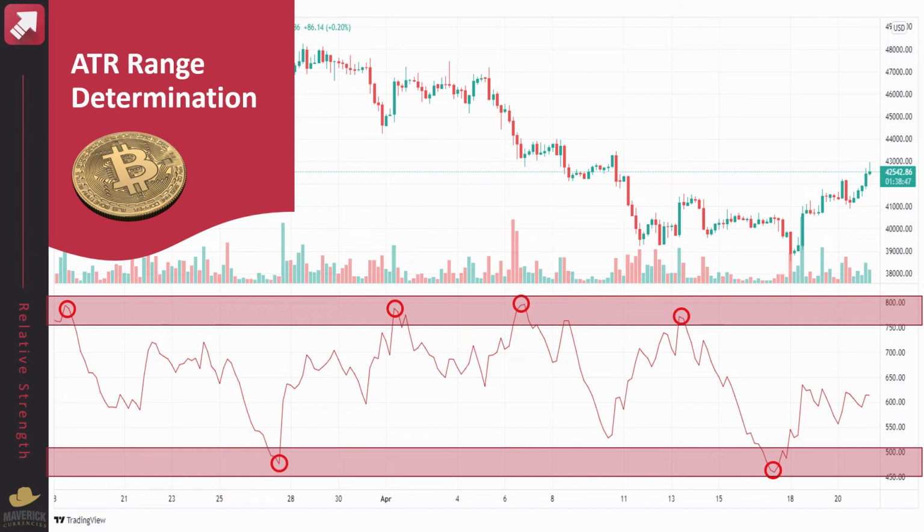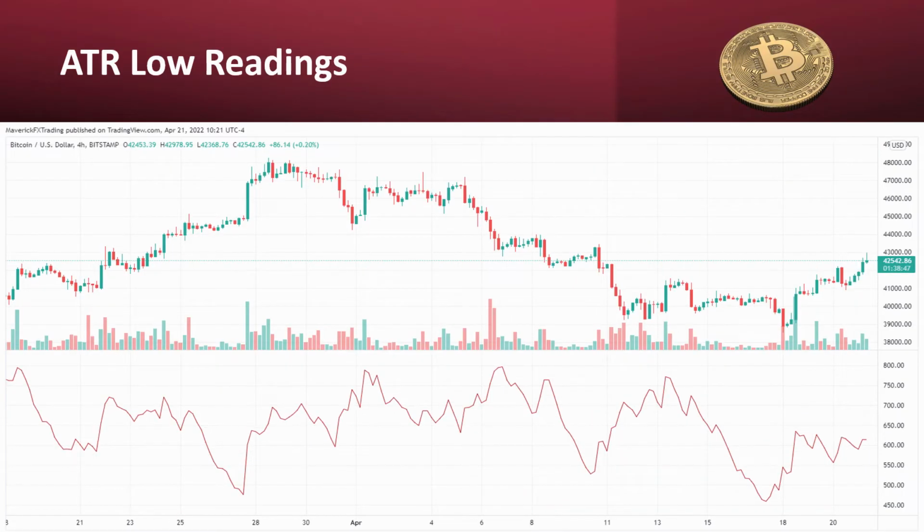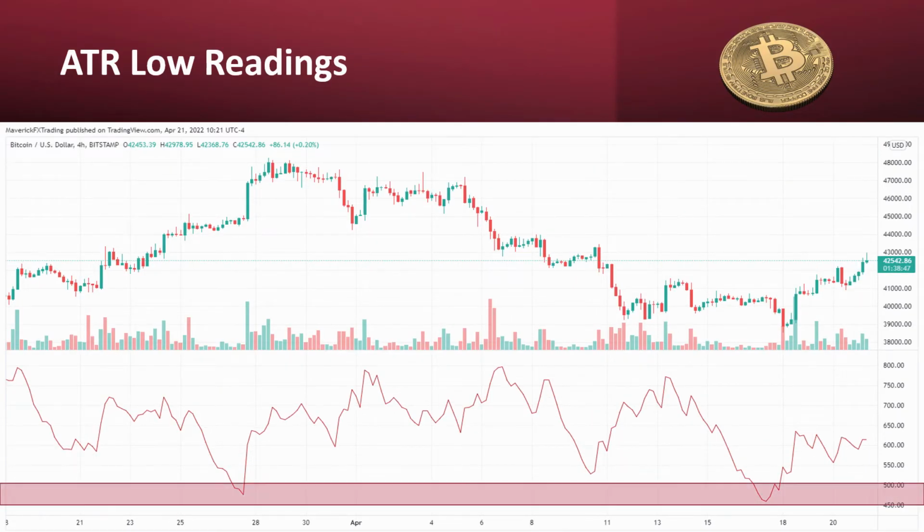It's become boring. And this can really lead to some nice moves, because when there's no supply and demand imbalance and people kind of leave, when the momentum finally picks up, it can be dramatic. So let's talk about these low readings. It's basically just preparing us for big moves. There's a big move coming.